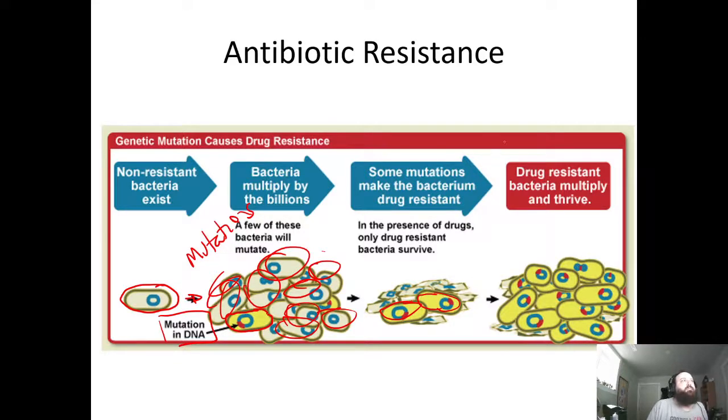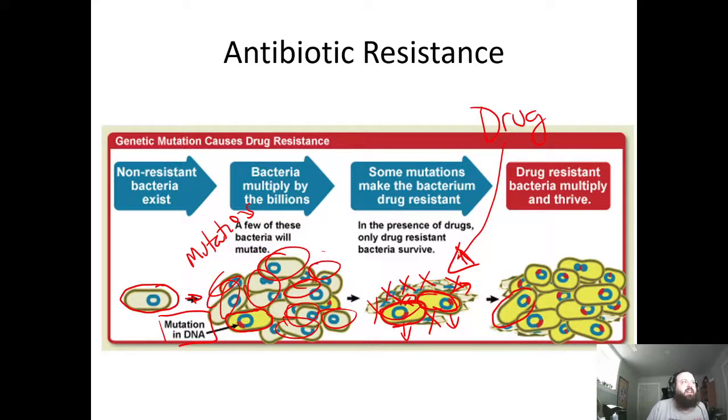But when you expose the bacterial population to the drug, what's going to happen? Well, the cells that don't have any resistance to the drug are going to die very quickly, like the drug intended. But the cells that are resistant to the drug will take longer to die, which means that they're going to divide more than the cells that died faster.